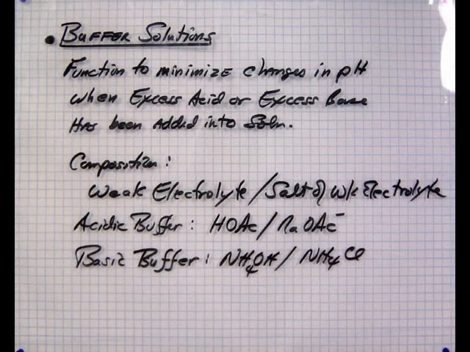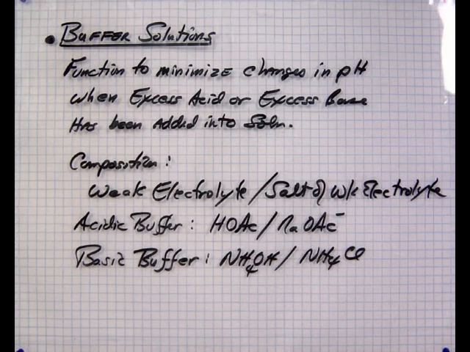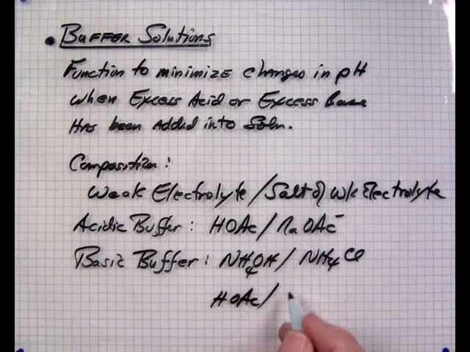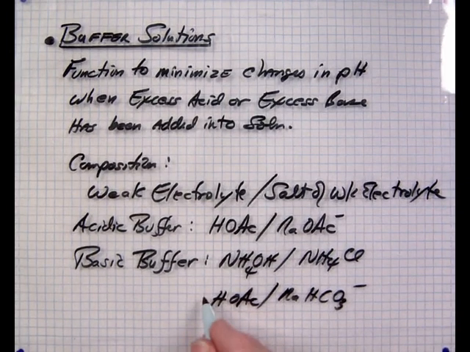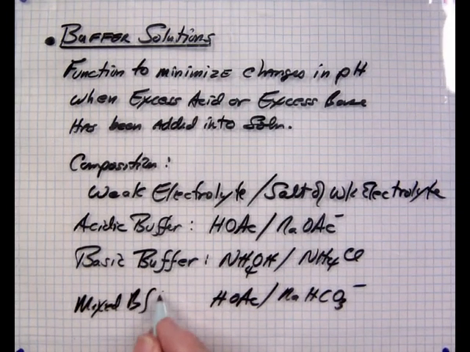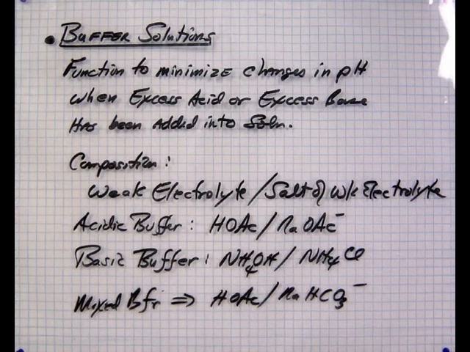You can also have mixtures of salt systems to adjust the pH. You can have, say, an acetic acid and a sodium bicarbonate system, and we call that a mixed buffer system.